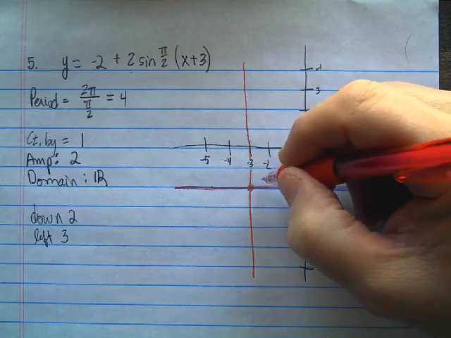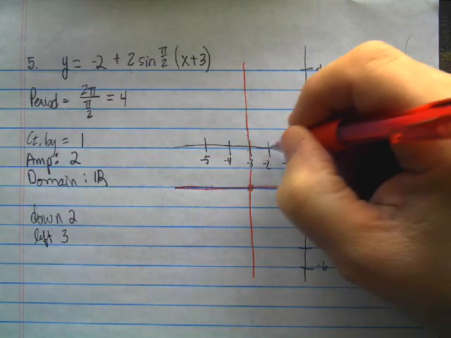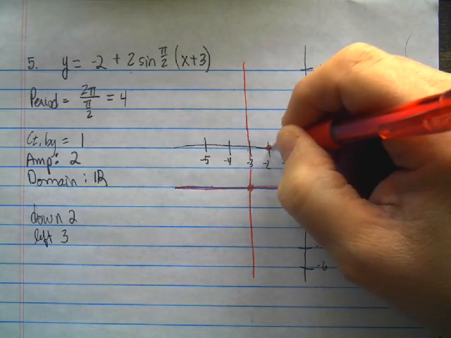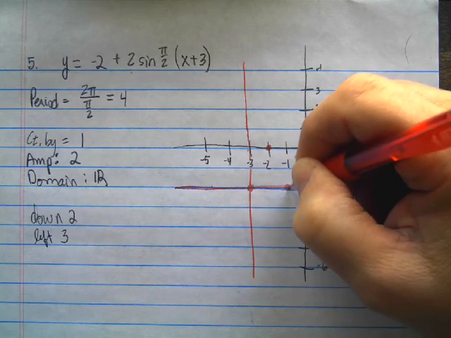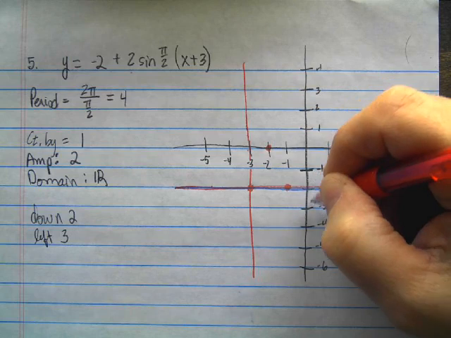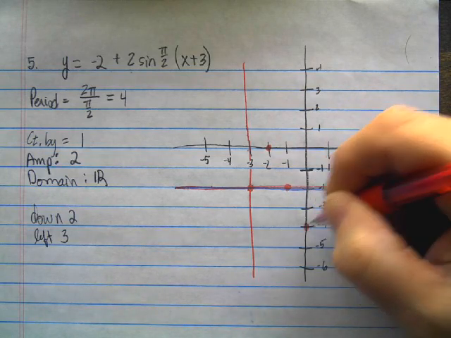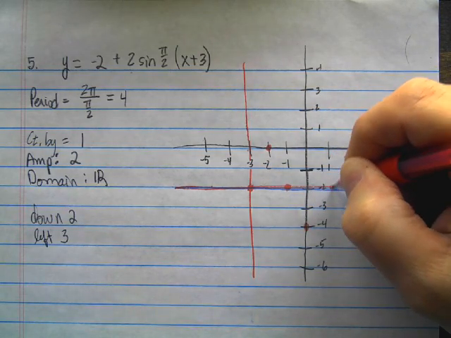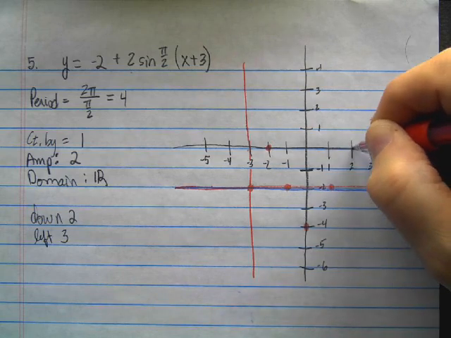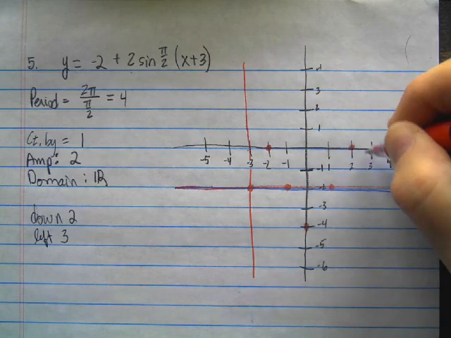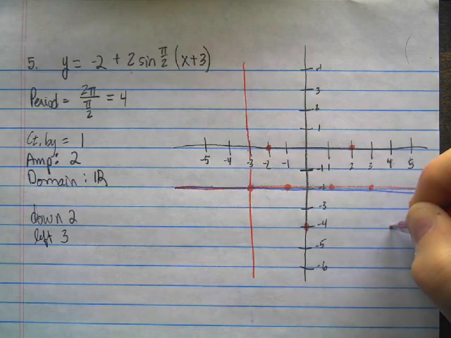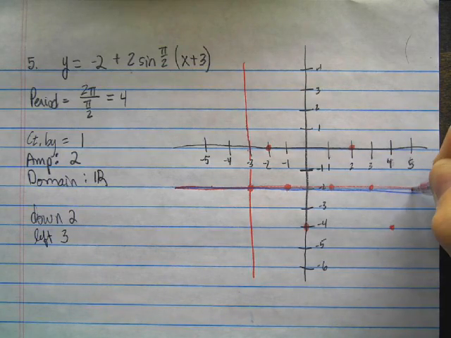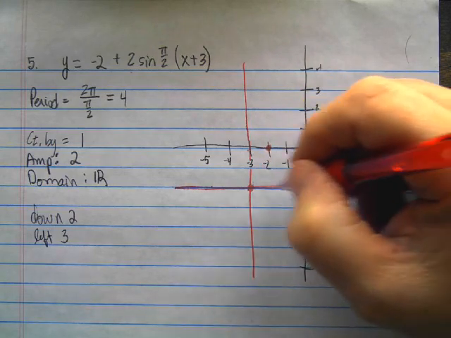So I go up 2, and then I would be back here at my new axis. And then I would go down 2, and I would be back here at my new axis. And then I would be up 2, and back at my new axis, and then down 2, and then back at my new axis. And I need to go this way as well.